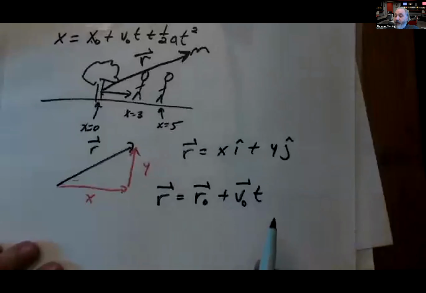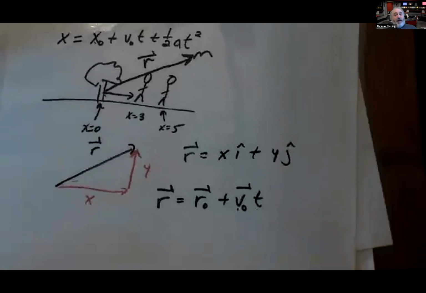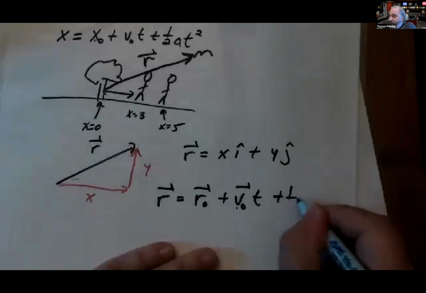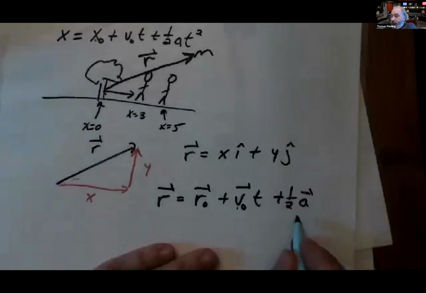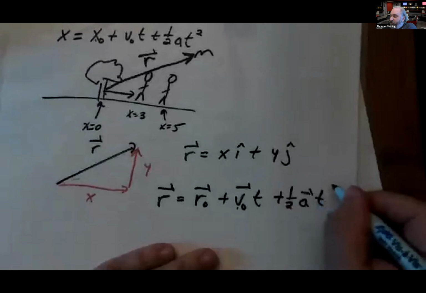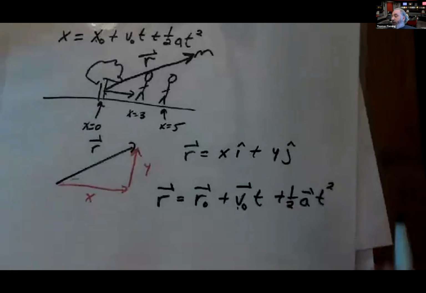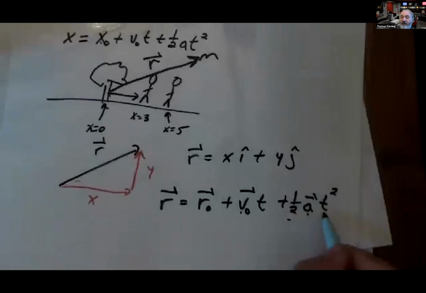So I'm multiplying a vector times a scalar. We learned how to do that. That's cool. Plus 1/2, that's a scalar, times my acceleration, that's a vector, times t squared, t is a scalar. So again, I'm taking a vector, multiplying it by scalars.